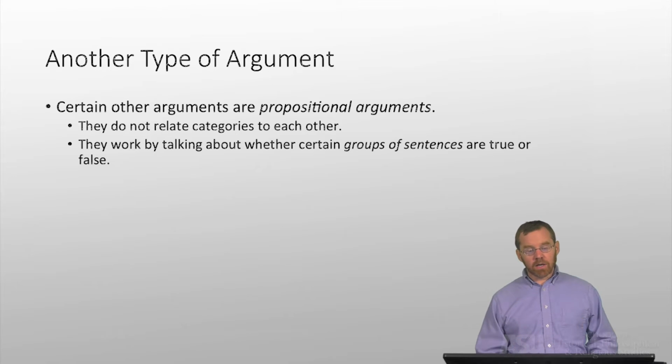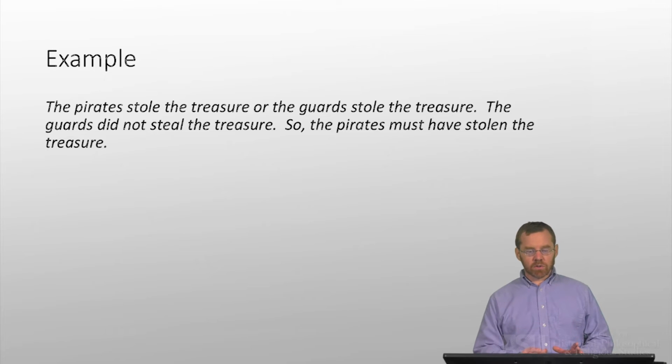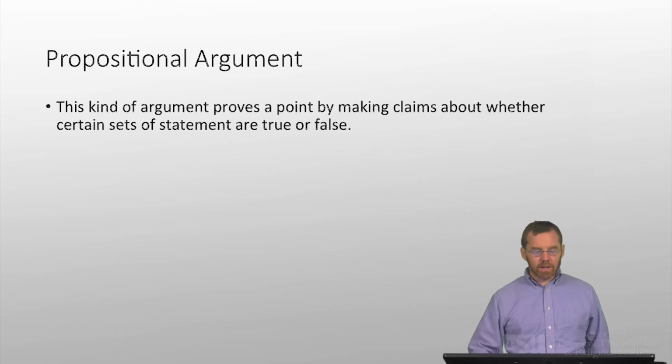Instead, they work by talking about whether certain groups of sentences are true or false. For example, the pirates stole the treasure or the guards stole the treasure. The guards did not steal the treasure, so the pirates must have stolen the treasure. This kind of argument proves a point by making claims about whether certain sets of statements are true or false.